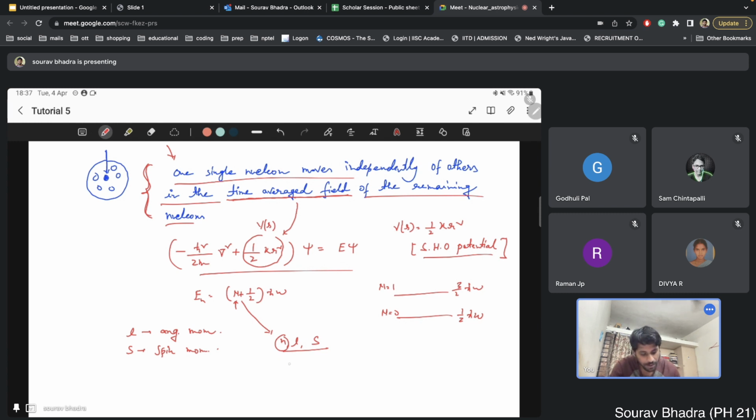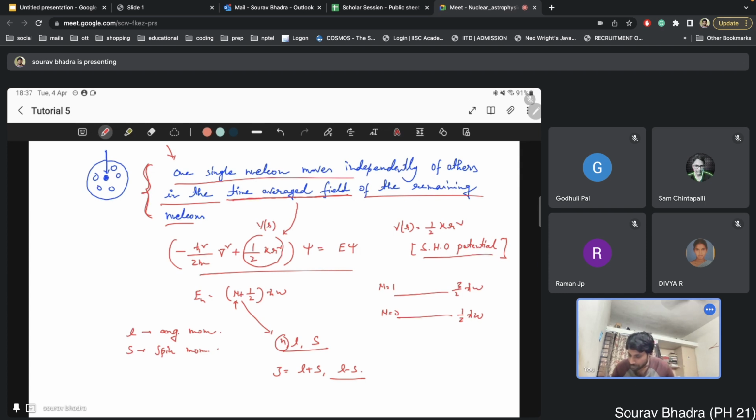And if you have the L value, for N there will be 0 to n minus 1 values of L, similarly to the electrons, and S can be calculated by J, the combined momentum number, L plus S and L minus S. So that you can do.